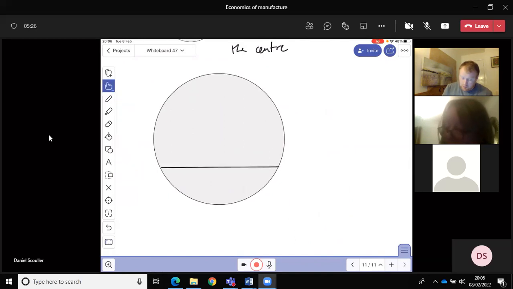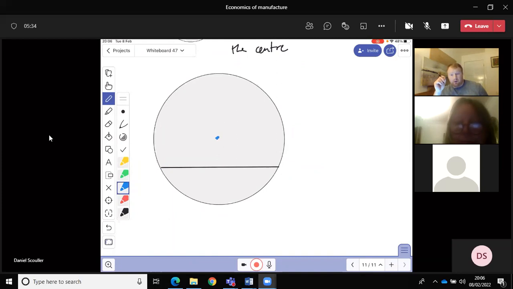We know where our center of that circle is, right there. The first rule you need to know is the distance from the center of that circle to the edge of that chord is the radius of your circle. Now that makes sense. The center to the edge is the radius.